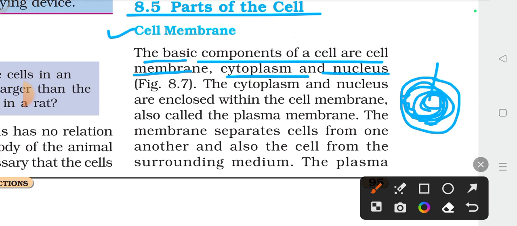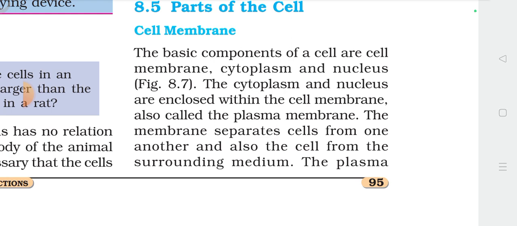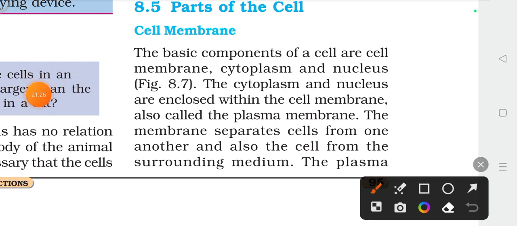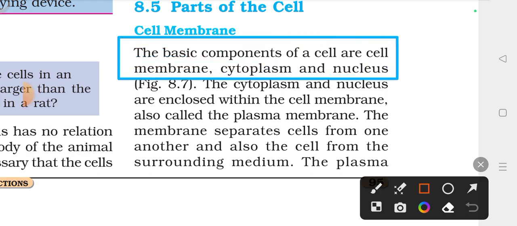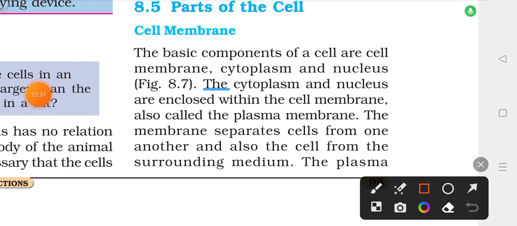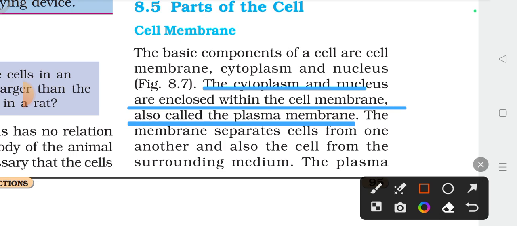So this is the nucleus, this is the cytoplasm, and this is the cell membrane. Okay guys, the question will definitely come: what are the three basic components of a cell? The cytoplasm and the nucleus are enclosed within the cell membrane, also called the plasma membrane. This question will also come. Cell membrane is also called the plasma membrane.